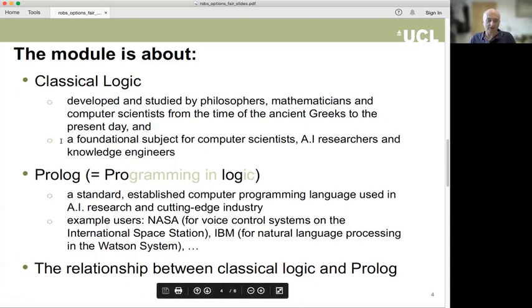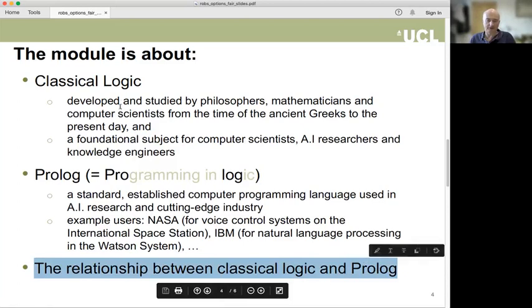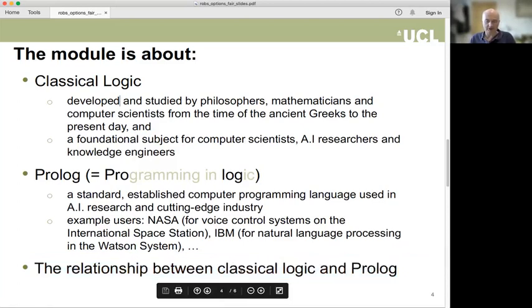And so it's important to know about both logic and Prolog if you want to know about AI. And the module will also examine the relationship between classical logic and Prolog. So the relationship between those two things, which is important but not entirely straightforward.